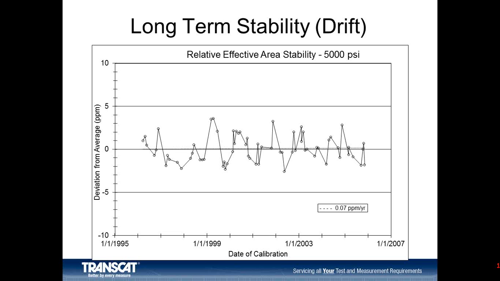So to quantify the stability when the value is below the repeatability of the process, you have to either take a very, very large number of readings or extend the readings over a long period of time, and that's the case here.